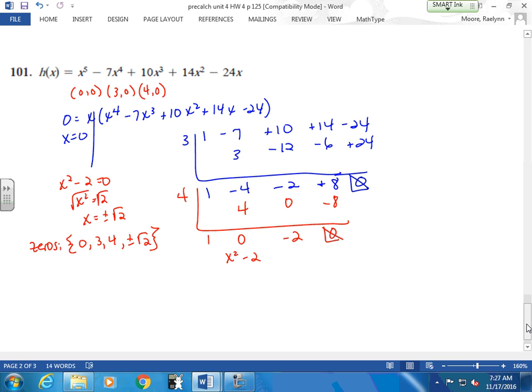X to the 5th minus 7x to the 4th plus 10x cubed plus 14x squared minus 24x. Start like that.